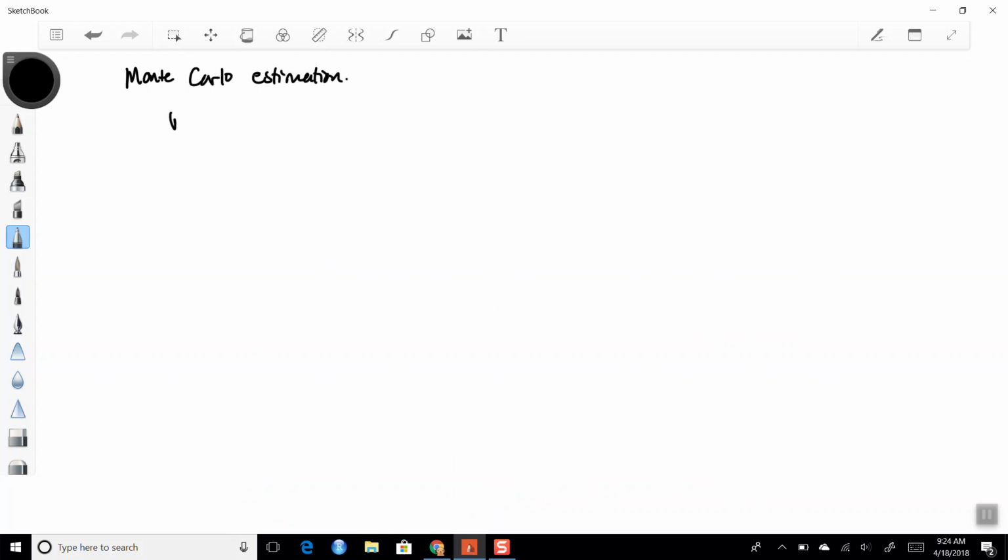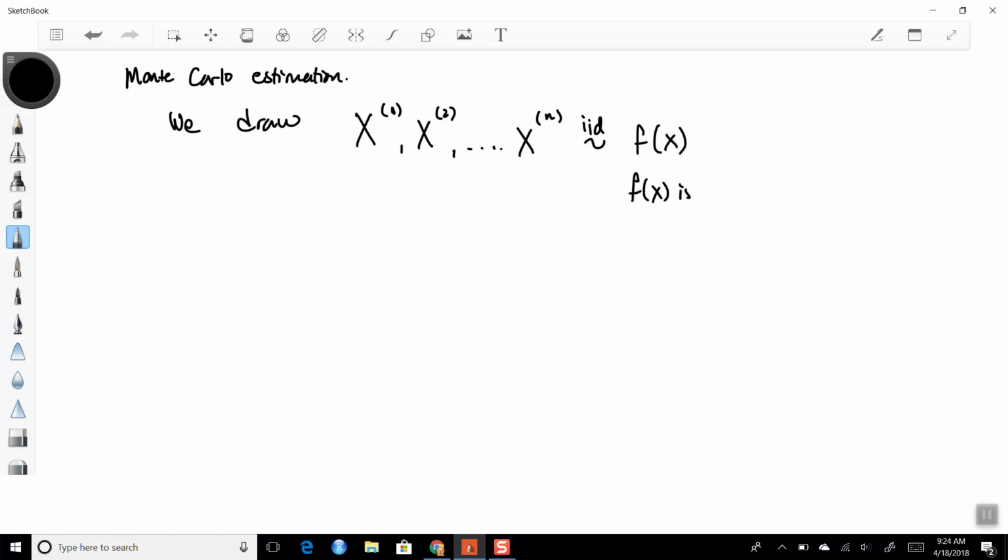Now we draw a bunch of x sub i's, x1, x2, all the way up to x sub n, coming iid from f of x. In this case, f of x is going to be standard normal.